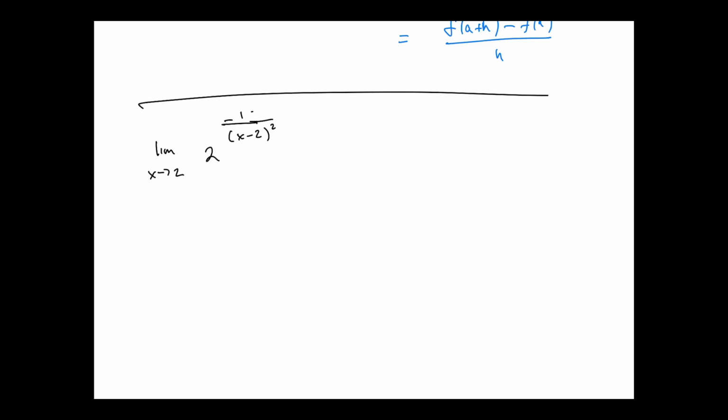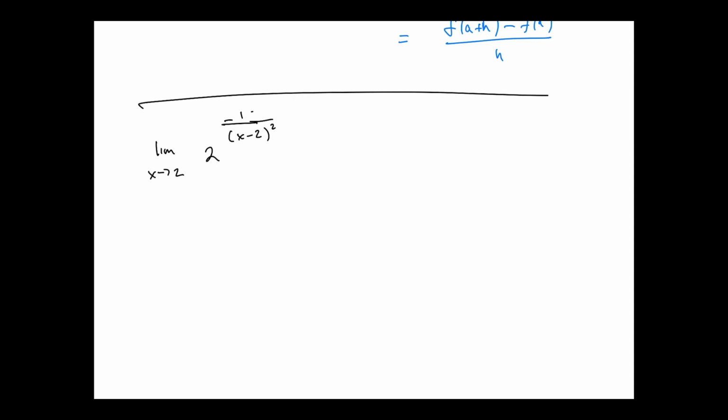I'm asking, if I plug in numbers that are closer and closer to 2, what does the function's value approach, if anything? Now that's distinct from asking the question, what is f of 2? Right, undefined. We already dispensed with that. So the value of the limit and the value of the function, if any, could be completely different things.